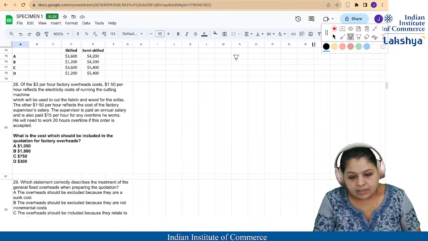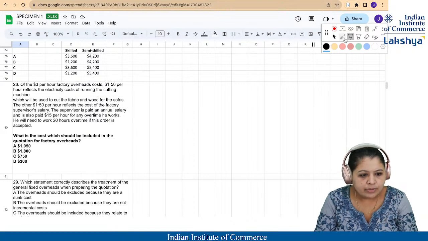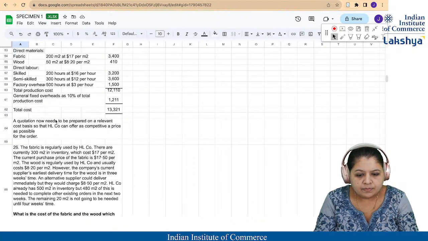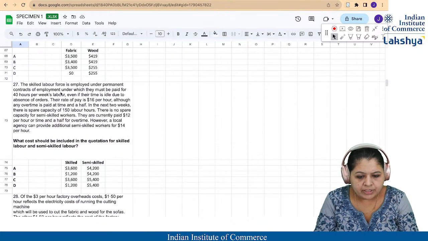Now here there is an incremental cost which is especially for this, which is 1.5 per hour. And how much electricity is required? Let's just quickly run through that. Factory overhead is for 500 hours, and that is where your electricity is hiding.